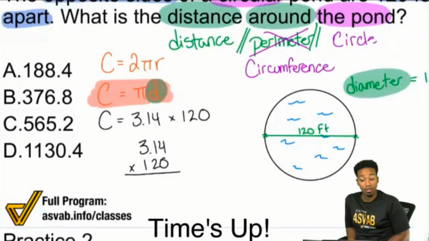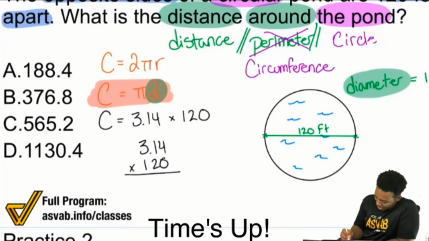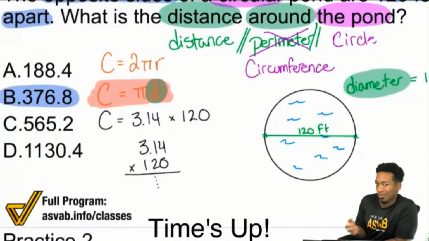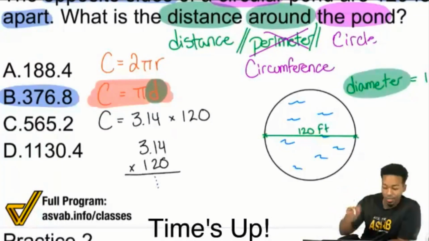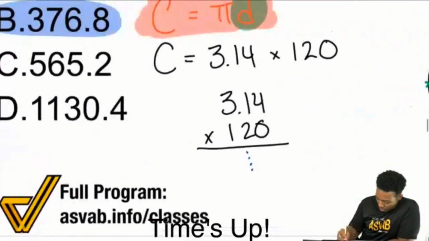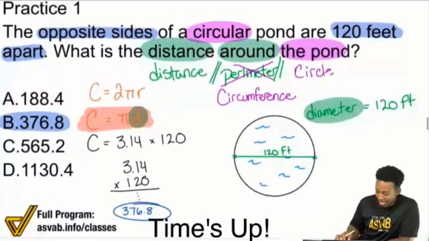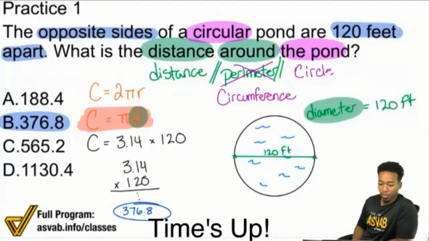We should get B. 376.8. So I'm going to spare you all the math there because that's not what we're here for. We're not here to calculate. We're here to learn the why. So with that said, boom, 376.8 is the answer. That is the circumference. That is the distance around the shape.